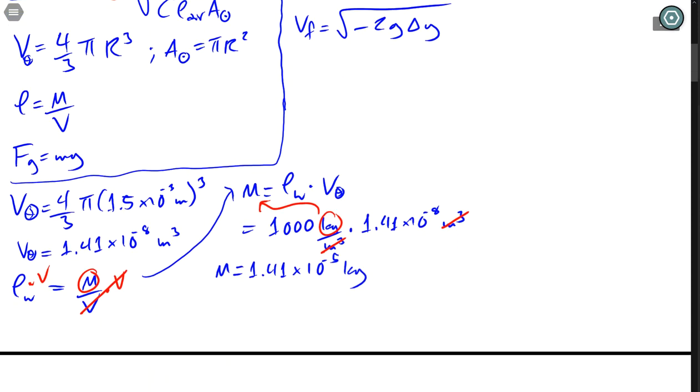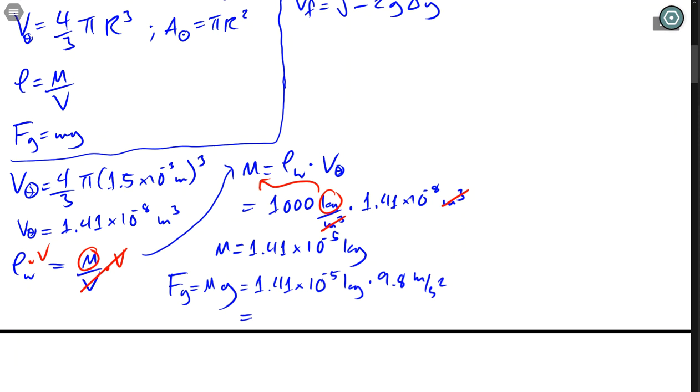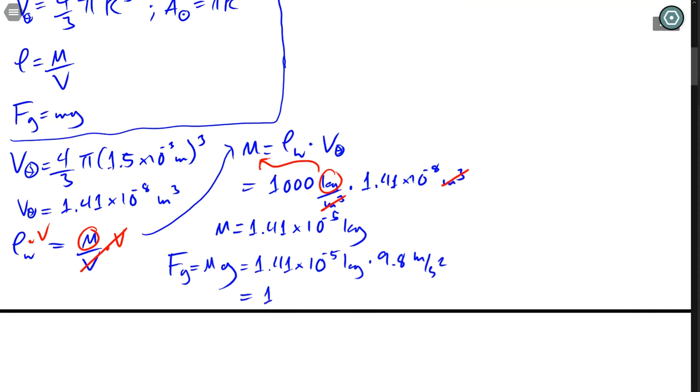Now I can use that to solve for my, use capital M, let's be consistent. Okay, and just multiply that mass number, kilograms, times 9.8. Okay, and that gives me still a small number.